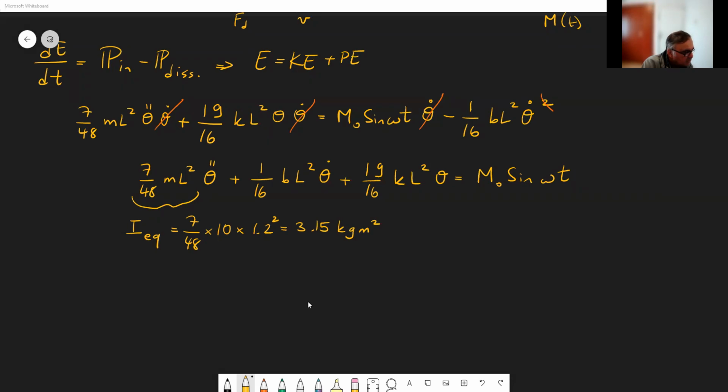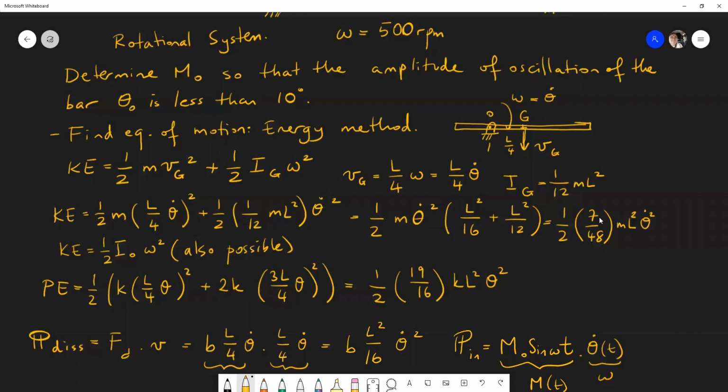Hocam, the answer for this is 2.1 kilogram meter square. I know. How about if I change the original? The thing is, I made all the calculations according to 15, I think. So this might just create some problems. Hocam, if you do 15, you get 3.15. Yeah, so let's go up and change this to 15 kilograms, okay?